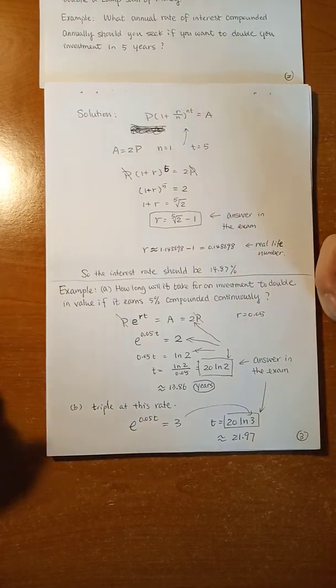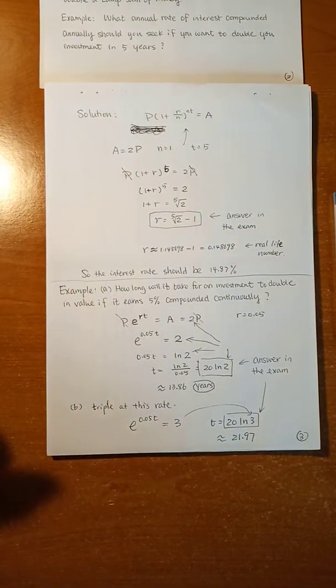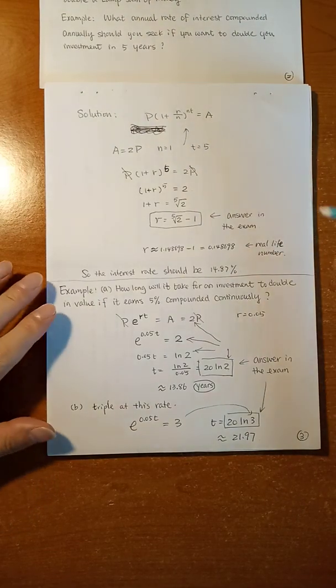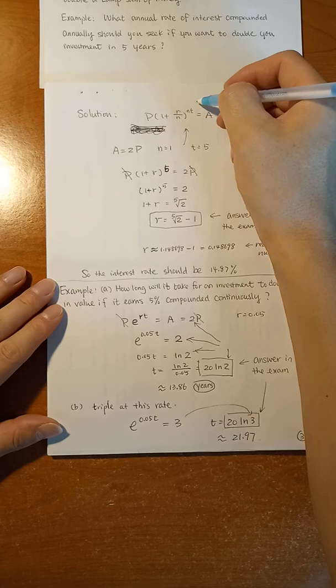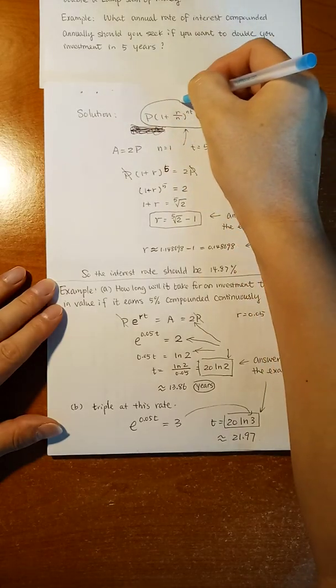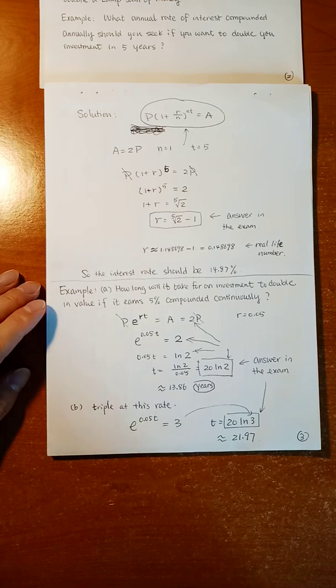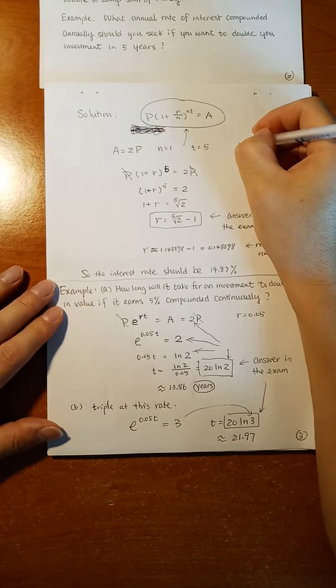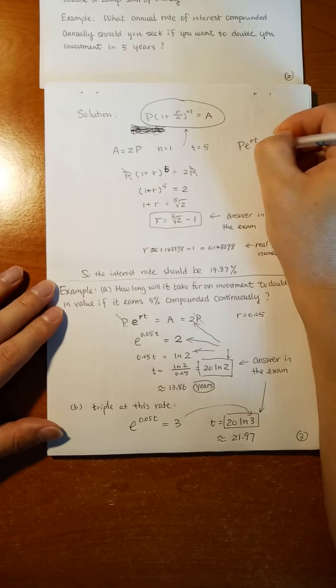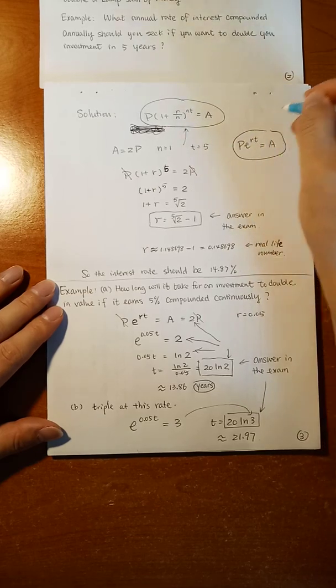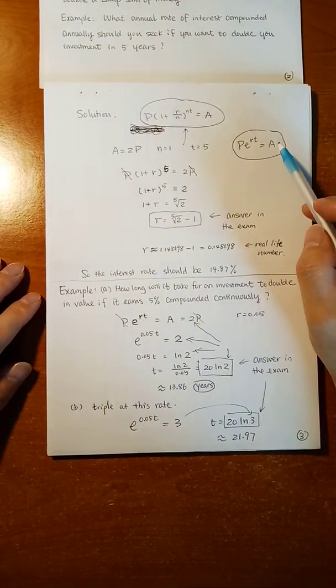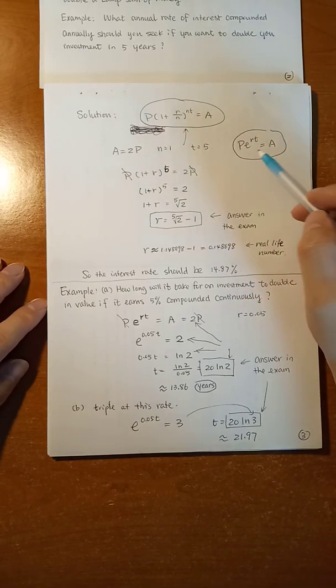Okay, so that's the third and the fourth part of section 6.7. In 6.7, the basic formula is this formula. You should learn the compounded interest formula, okay? And together with this, Pe^(rt) is equal to A. So those two formulas.